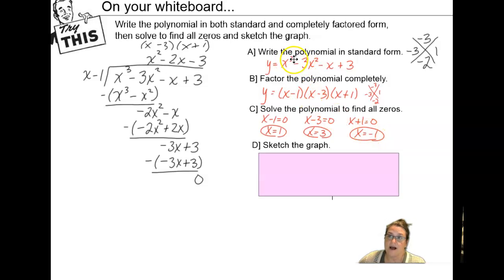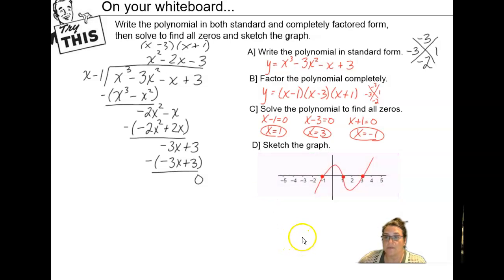I have an odd degree, so my ends go in different directions, and the positive leading coefficient means it's going to start down on the left and end up on the right. And that would be my graph then. Notice my end behavior: as x approaches -infinity, y is going to -infinity. As x approaches +infinity on the right, y is going up to +infinity.